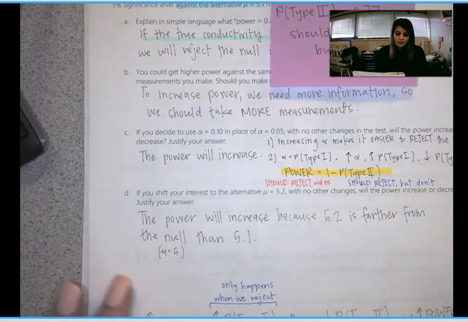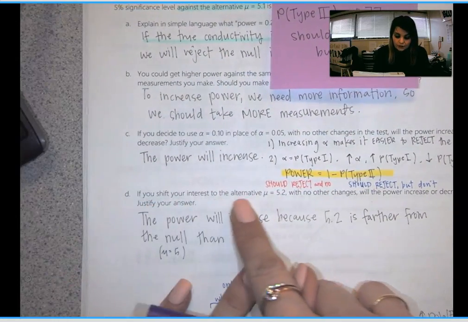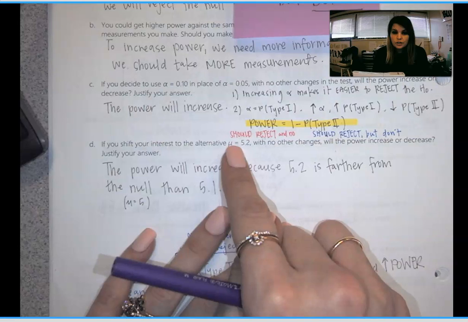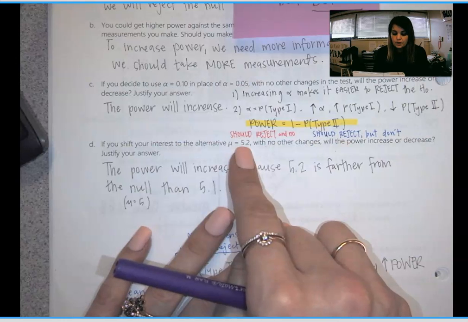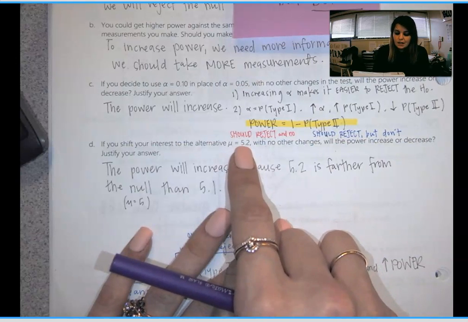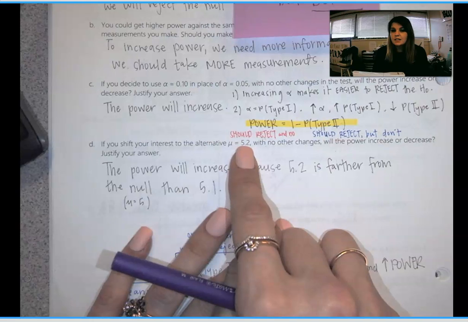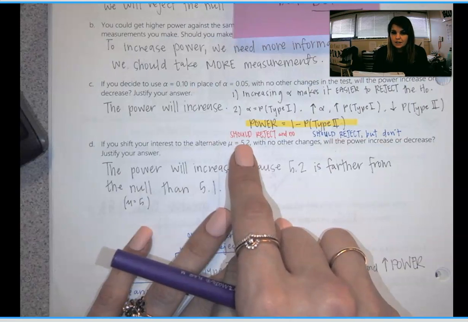So here they're saying, if you look at an alternative of 5.2, will you increase power or decrease power? So what this means is, what are the chances that you'll correctly reject if the mu is really 5.2?